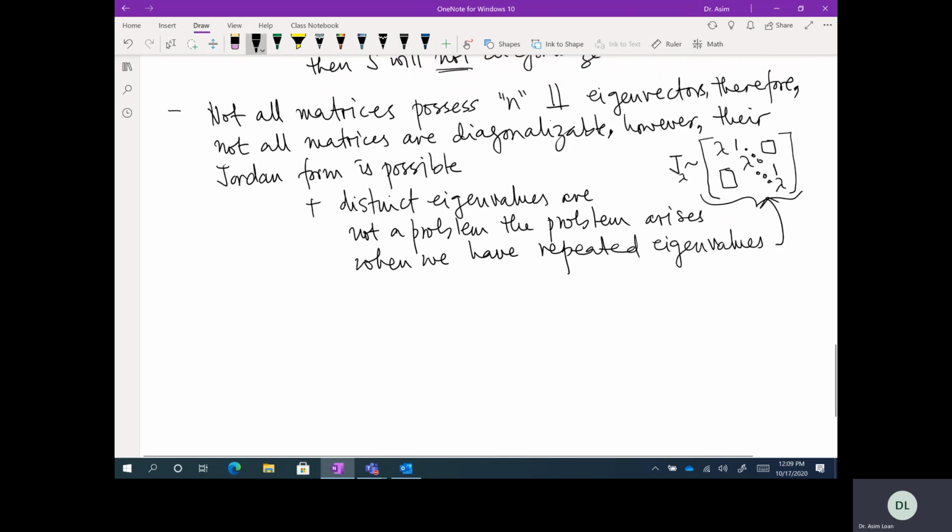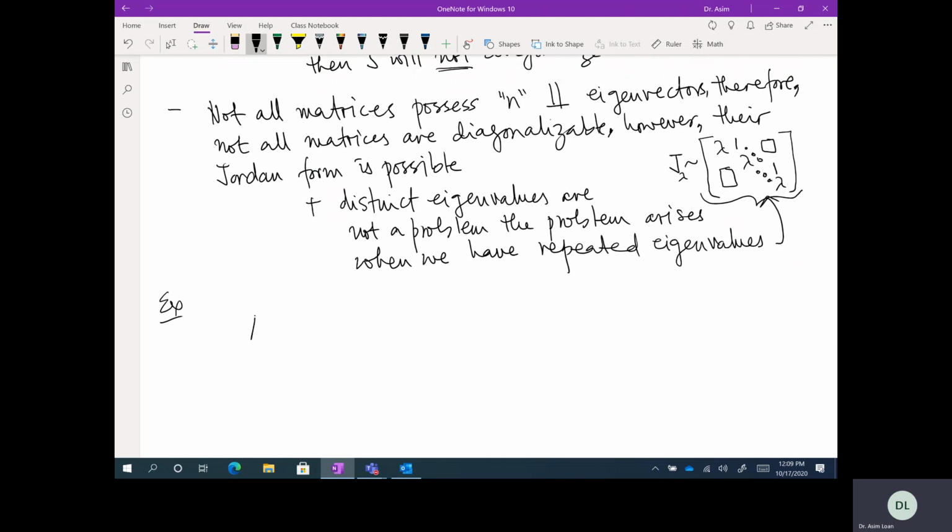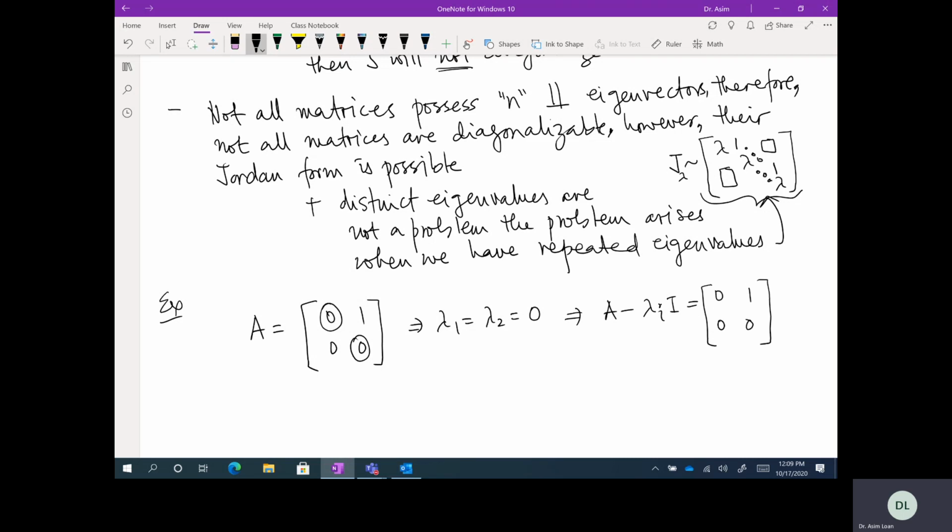Let me give you an example. The example is this matrix A: 0, 1, 0, 0. The eigenvalues are on the main diagonal, as it's an upper triangular matrix. So lambda 1 is equal to lambda 2 is equal to 0. This is already the A minus lambda I form, so A minus lambda I is equal to the same matrix 0, 1, 0, 0. This is a pivot, a pivot in the second variable.